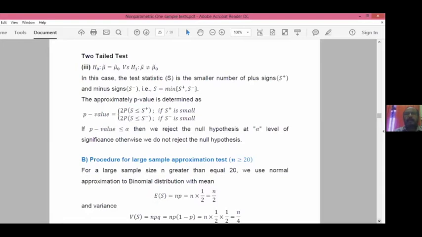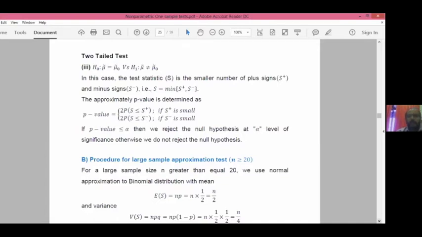Among them, whichever is the minimum is represented by capital S. For the p-value, we find 2 times the probability that S is less than or equal to S plus, if S plus is small, and 2 times the probability that S is less than or equal to S minus, if S minus is small. If the p-value is less than or equal to alpha, then we reject the null hypothesis at alpha level of significance. Otherwise, we do not reject the null. These are the strategies we follow in taking the decision.